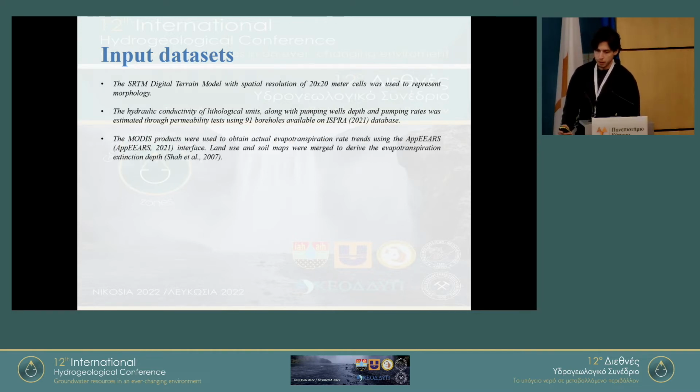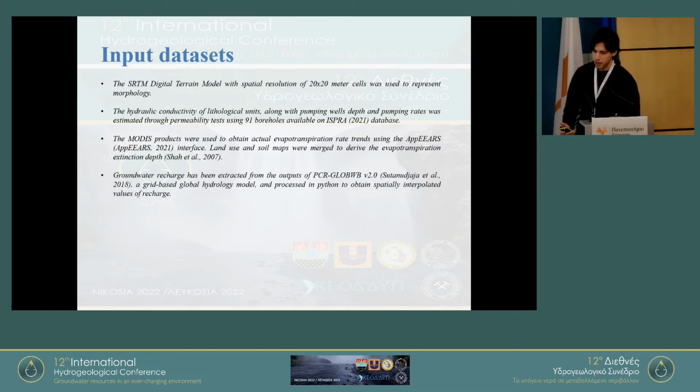The MODIS products were queried in order to obtain evapotranspiration rate trends, while the evapotranspiration extinction depth was derived by merging the land use and the soil texture maps via GIS. The groundwater recharge has been extracted from the output of a grid-based global hydrology model and then processed in Python in order to obtain spatially interpolated values.